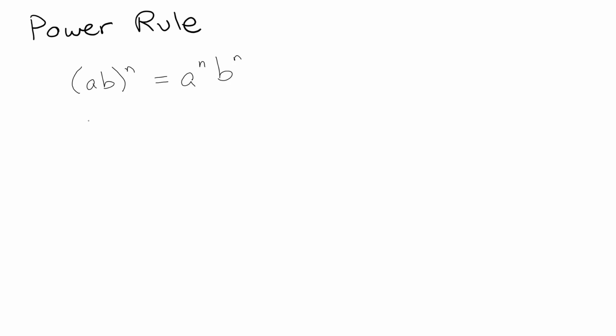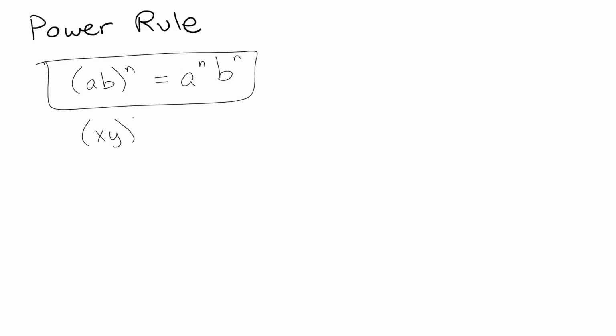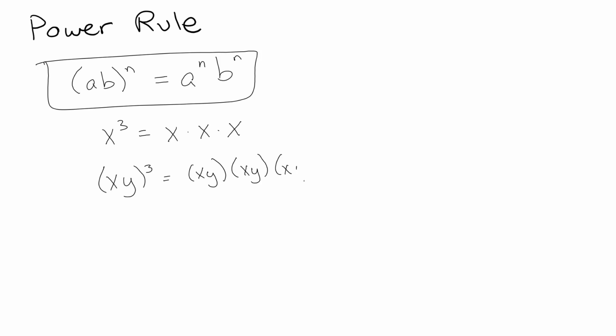So let's pretend that we had x and y. This is the official thing you're supposed to learn. Let's pretend we had x times y cubed. Actually, let's make it even better. Let's just pretend we had x cubed. Now, you know that x cubed means x times x times x, right? So if we have xy cubed, that means we're going to go xy, xy, xy.